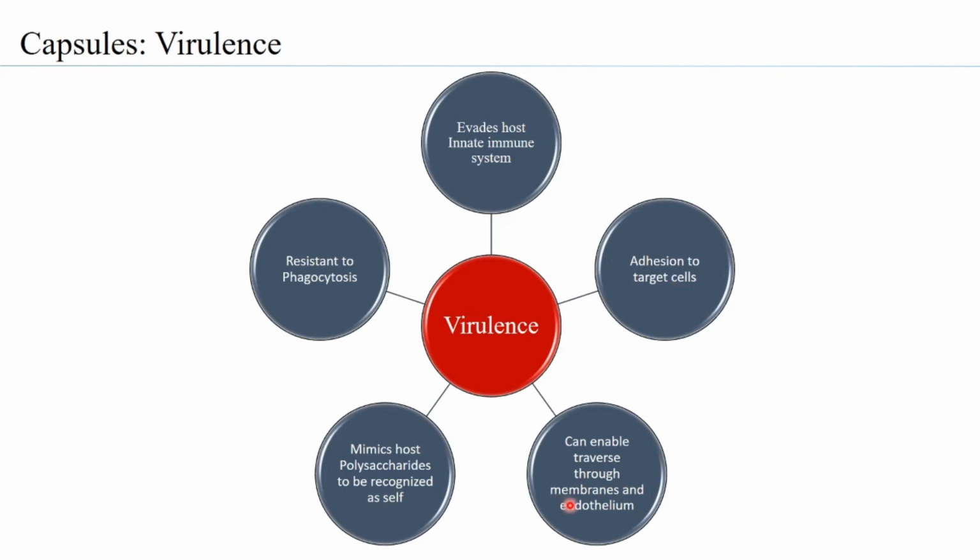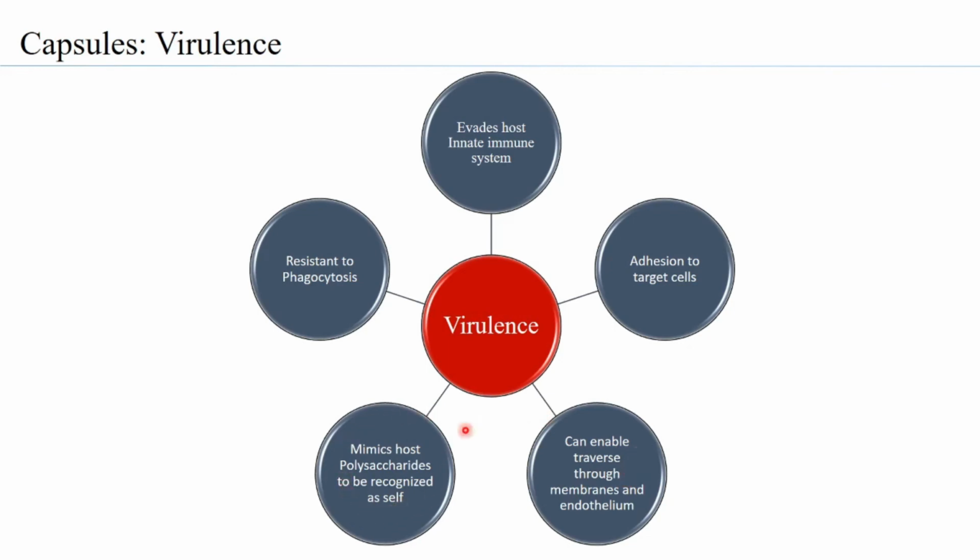They are able to move across because of the kind of layer that it has, and it not necessarily being a very rigid structure. It is able to pass through different membranes or endothelium. So it is also able to, for example, allow bacteria to cross the blood brain barrier. So this is how effective the presence of the capsule can be for the bacteria.